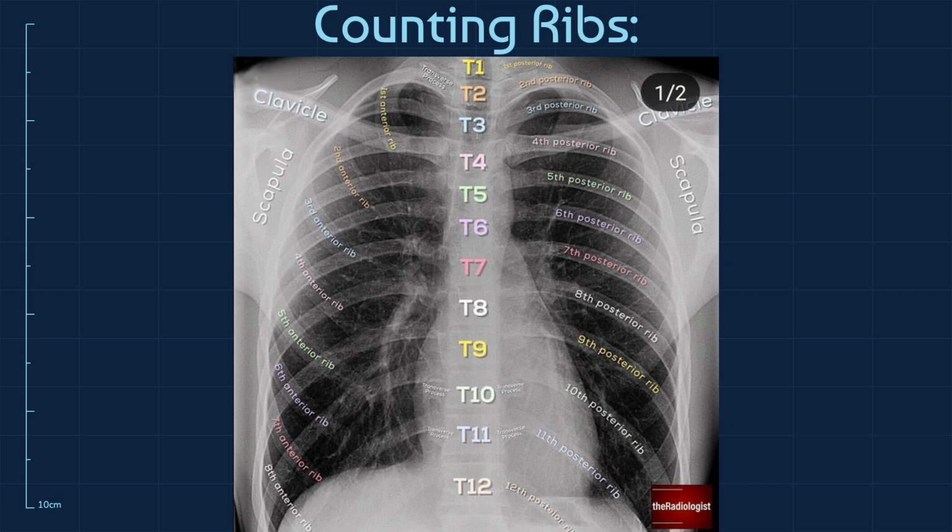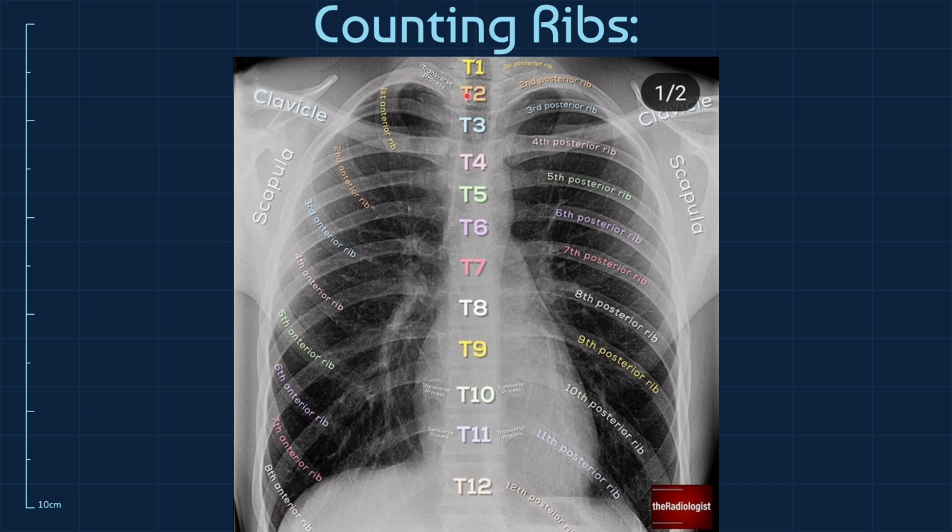So choose the method you prefer, and there is a difference between counting posterior and anterior ribs. But if you look here on the left, you can see anterior ribs are the ones pointing downwards. They go this way, and you usually start with the first rib and count your way downwards to make sure that these are the anterior ribs.